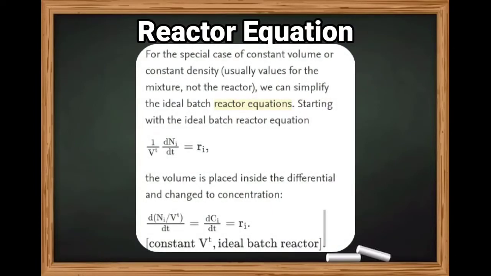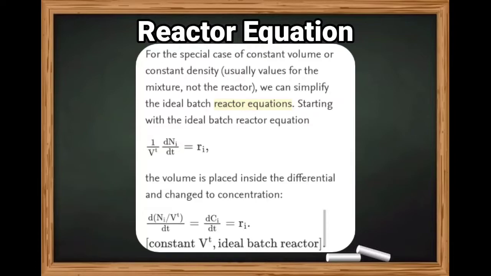Moving on to the reactor equations. Here I have the equation for constant volume batch reactors. For the special case of constant volume or constant density, usually values for the mixture and not the reactor, we can simplify the ideal batch reactor equation.